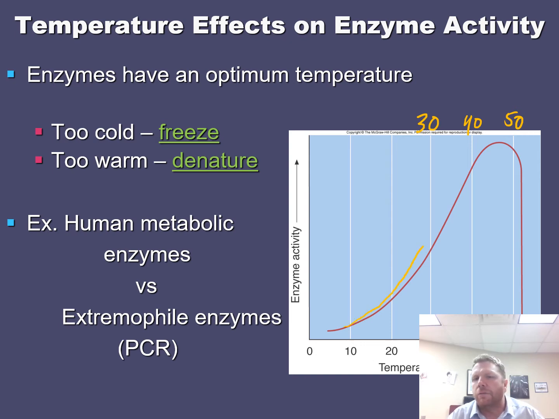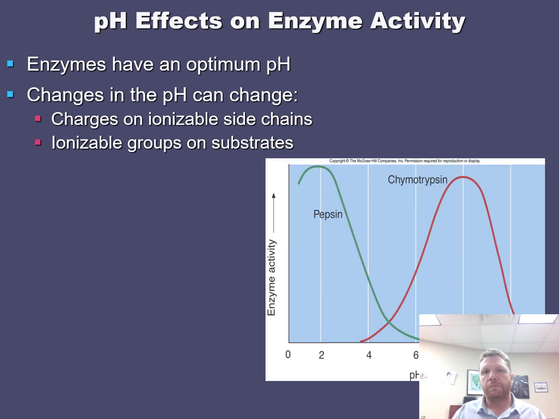As the temperature goes up, activity goes up until it reaches an optimal temperature, where the activity is highest. If you go above that, it's going to plummet. Something like the hydrogen bonds are going to be broken within that molecule. So basically, this illustrates how an enzyme behaves based on changes in temperature.